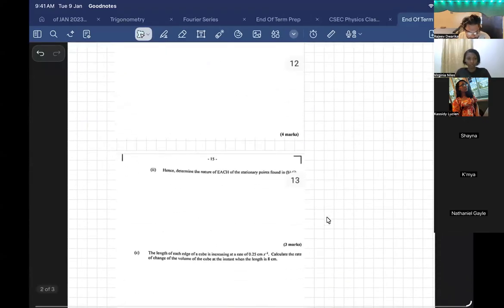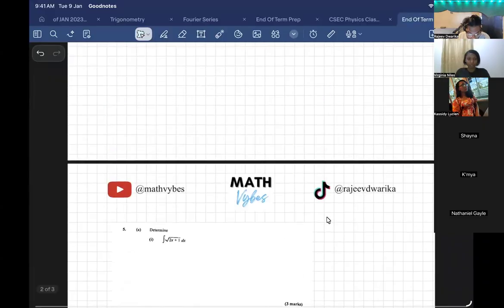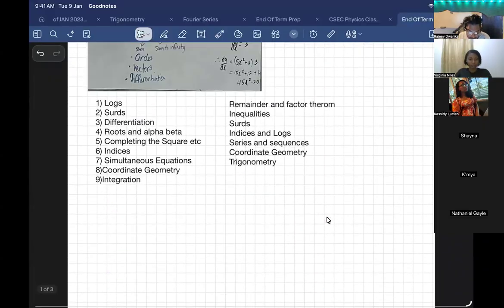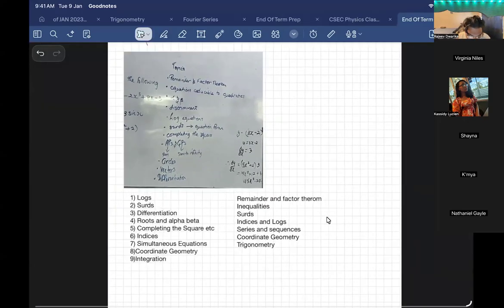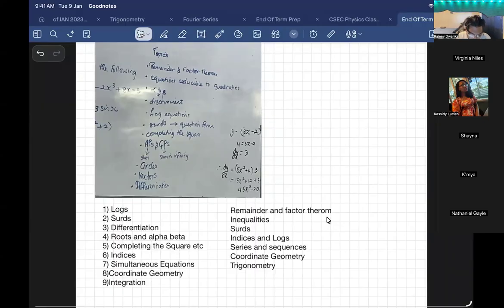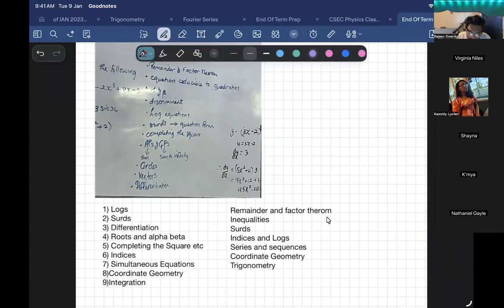Right, so Cassidy, you sent me some questions here. We'll look at the questions and I'll explain the concept. From this list here, what are the troubling ones? Let me hear. Alpha and beta, coordinate geometry.